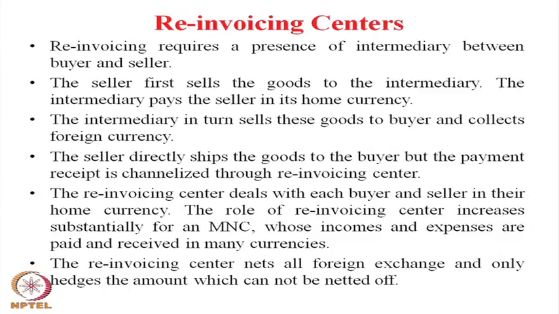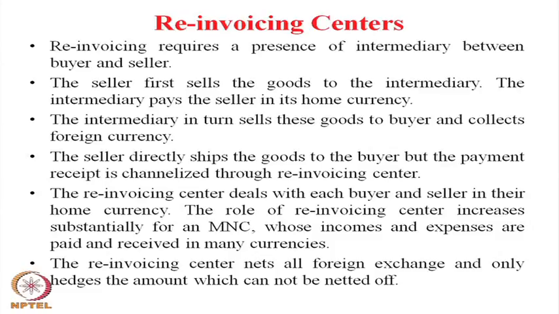The seller first sells the goods to the intermediary. The intermediary pays the seller in home currency. That means the seller, even though he is an exporter, is not receiving in foreign currency; rather he is receiving the payment in his own domestic currency.